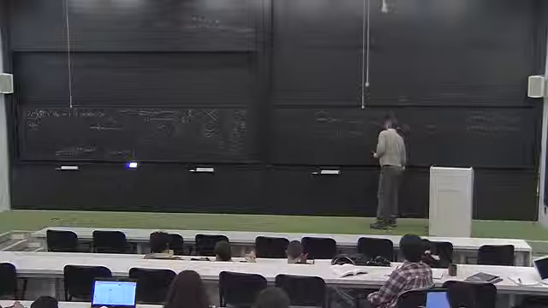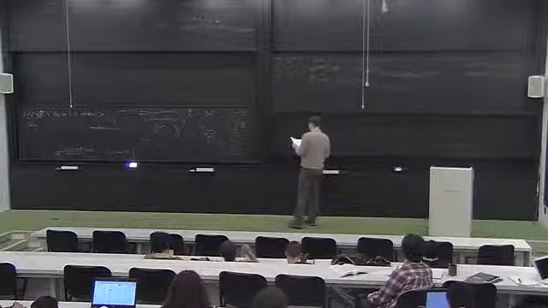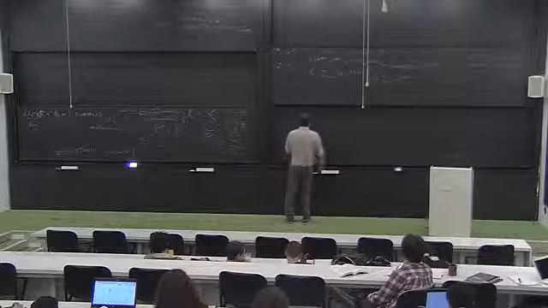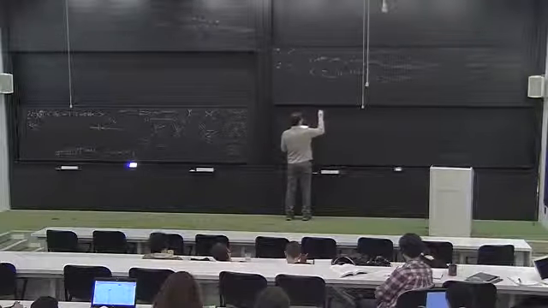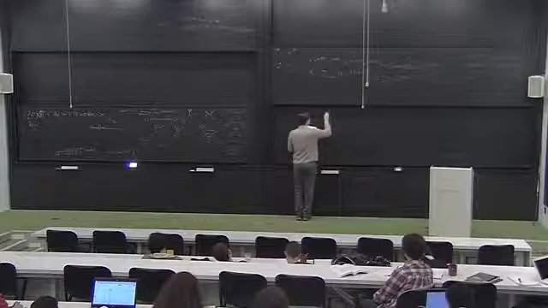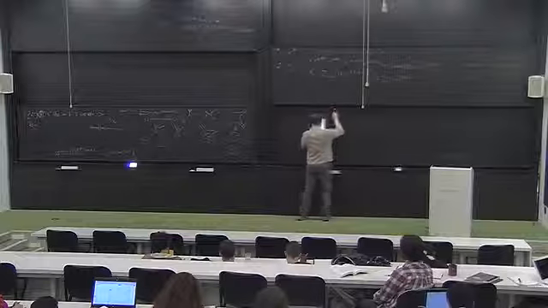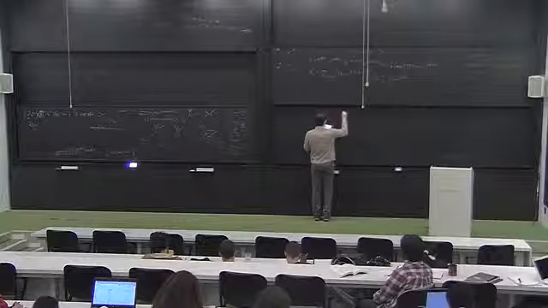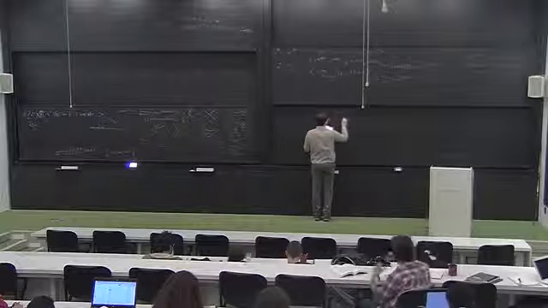Now we can do a change of coordinates. Let me define the coordinate t as (z minus z1) over (z minus z3) times (z2 minus z3) over (z2 minus z1).